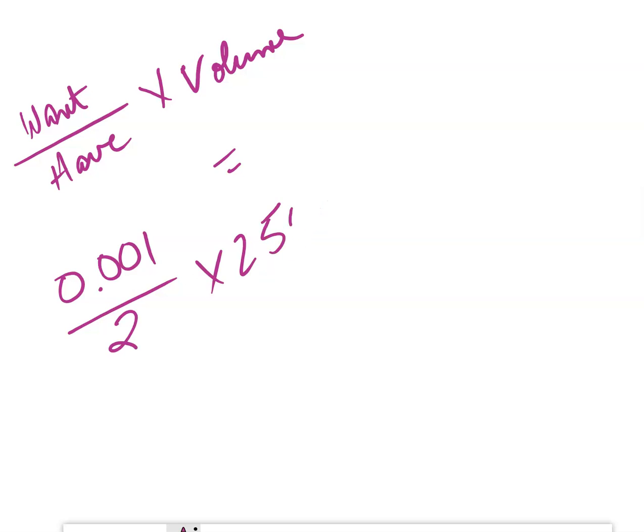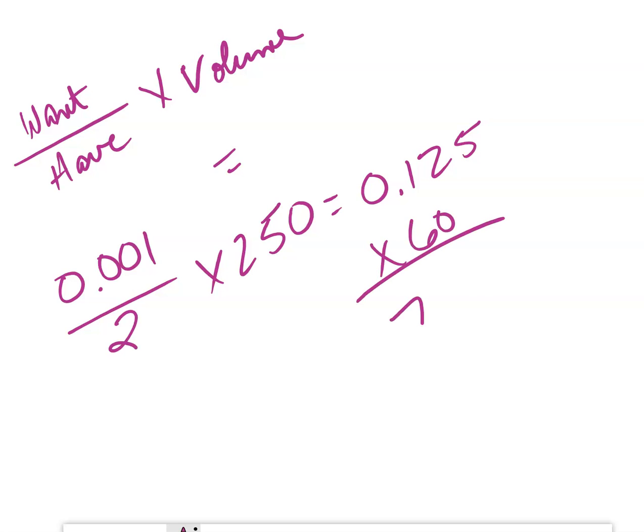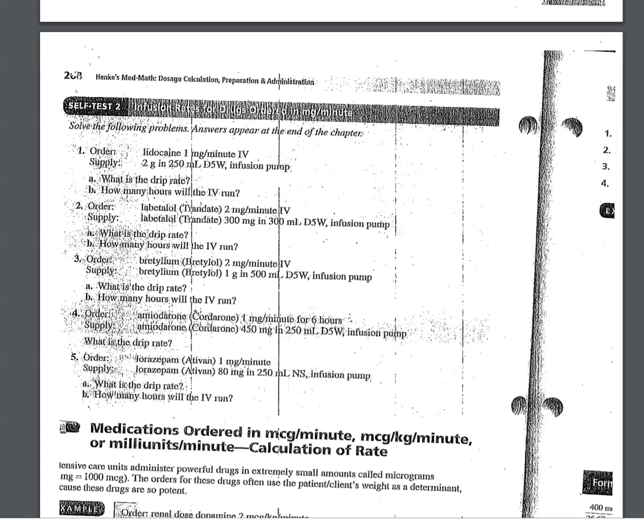Times 250 equals 0.125. And then, of course, you're going to multiply that by 60 because we want to find out per hour, and it's 7.5 mLs per hour. And we don't round because they told you they have an infusion pump, and there is no drip factor, so I don't have to worry about trying to eyeball a fractionized drip, which I can't do because I'm not Superman.